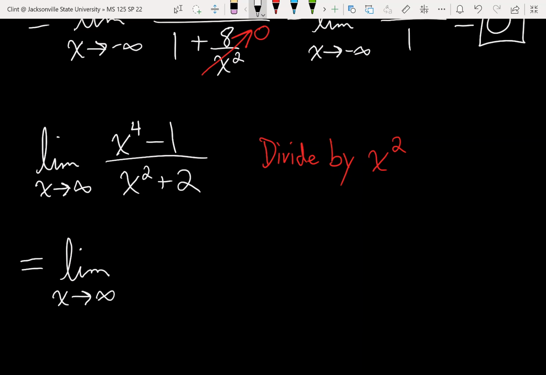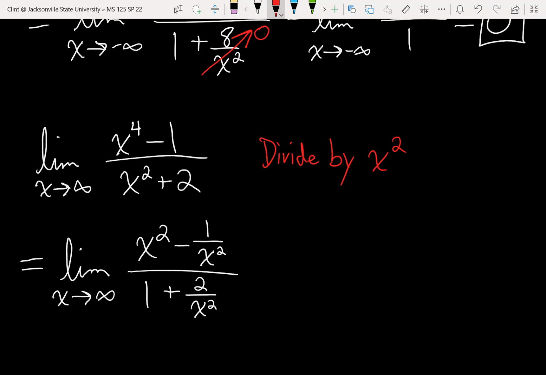On the top, if we do x to the 4th divided by x squared, that leaves us x squared. And then we'll have minus 1 over x squared. On the bottom, x squared divided by x squared gives 1, plus 2 over x squared. So we've got two pieces that go to 0.